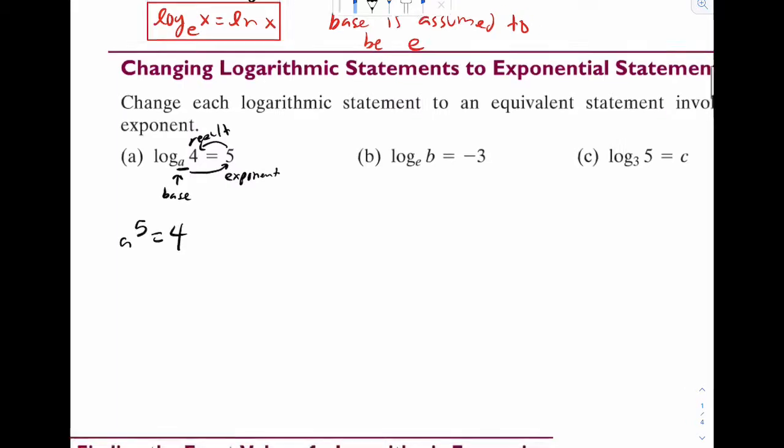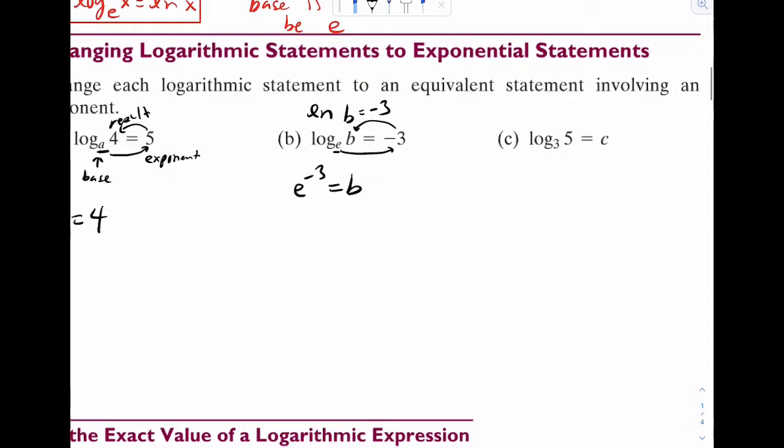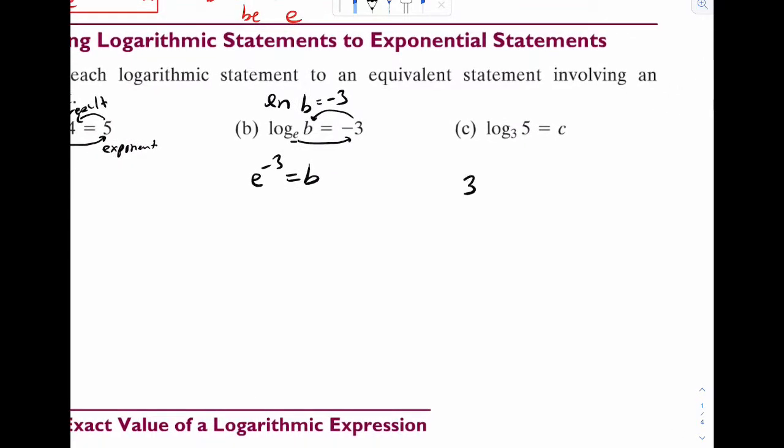And that's done. This one is e to the negative 3 equals b, right? So start the base here, go there, then go there. You also could have written this as ln b, or natural log b, is equal to negative 3. And the last one, 3 to the c equals 5.